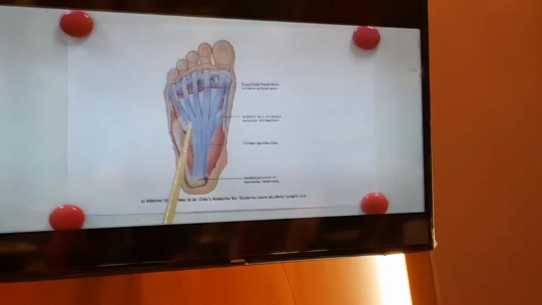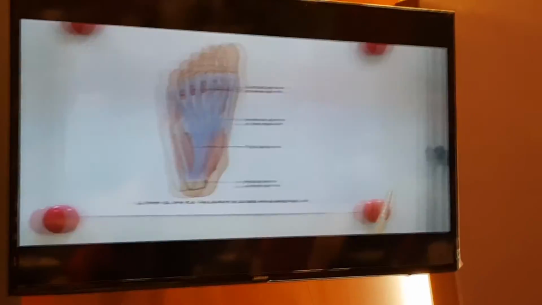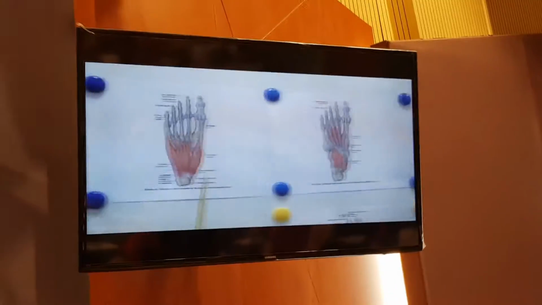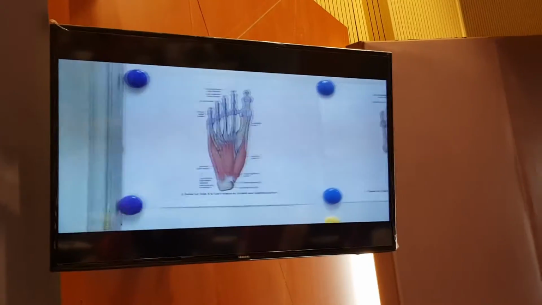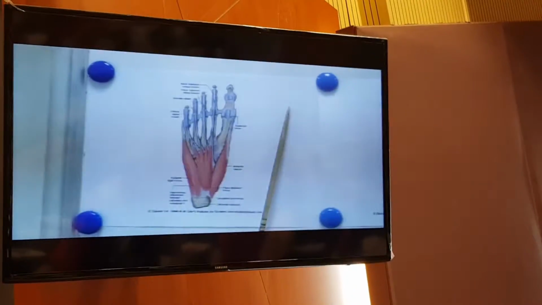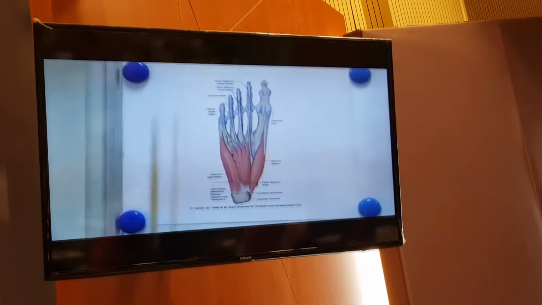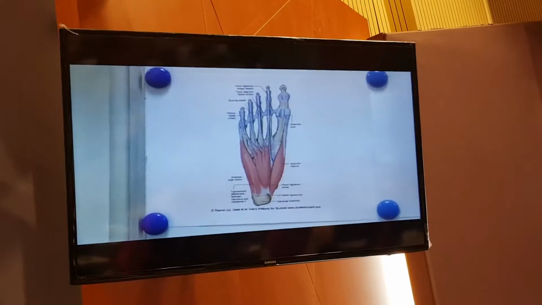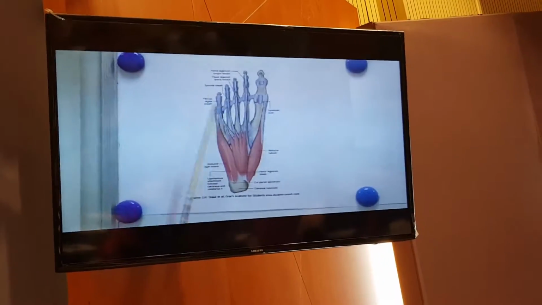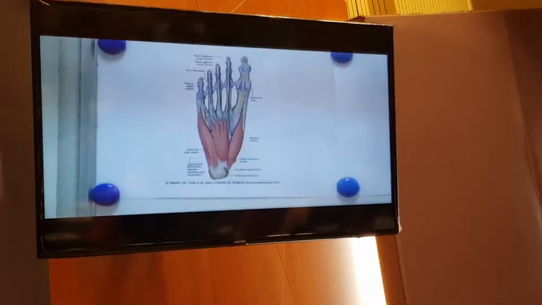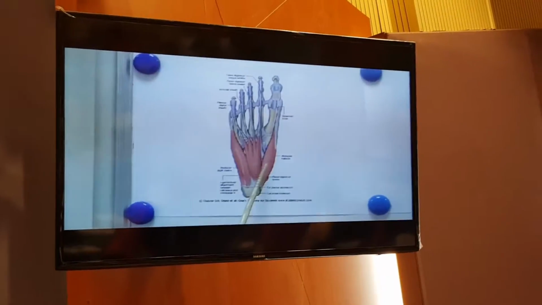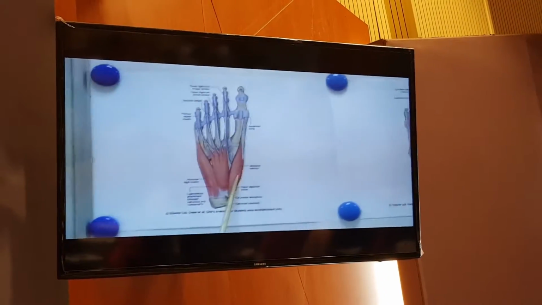The first layer I'm going to show you here. If you see the first layer, this is the medial side, this is the lateral side. This is the big toe, and this is the little toe. This is your abductor hallucis muscle.